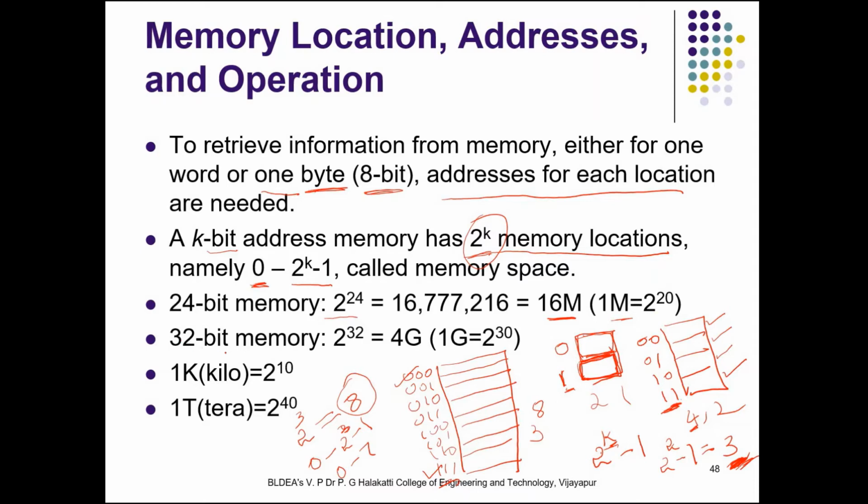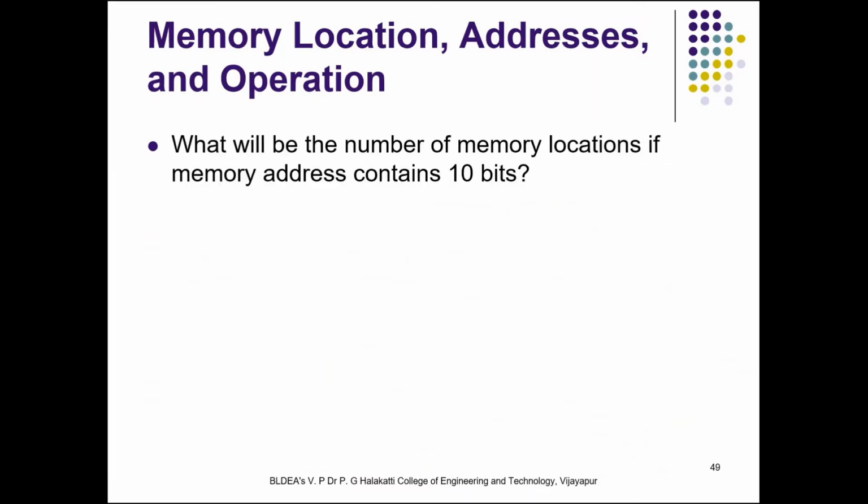And if it is a 32 bit memory address, then we have 2 raised to 32, which is equal to 4G, and 1G is the representation of 2 raised to 30. Similarly, 1 kilo is equal to 2 raised to 10, 1 tera is equal to 2 raised to 40.